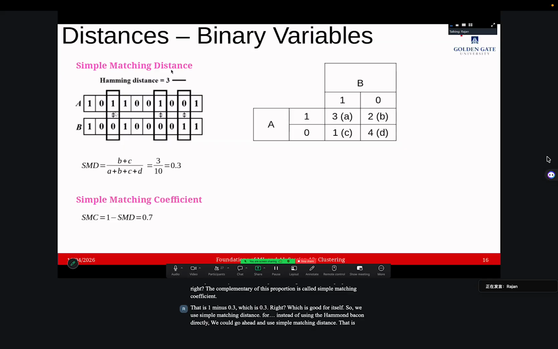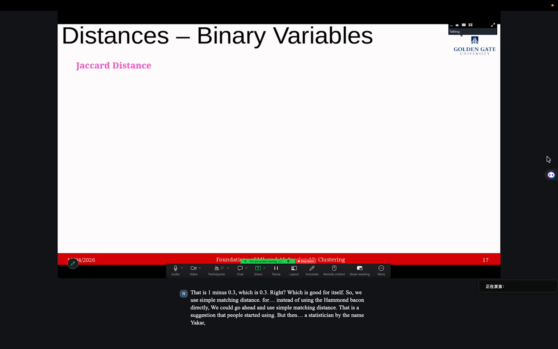That is a suggestion that people started using. But then a statistician by the name of Jaccard made a very, very powerful observation. What is the observation he made? He said, let's look at a retail store kind of scenario.